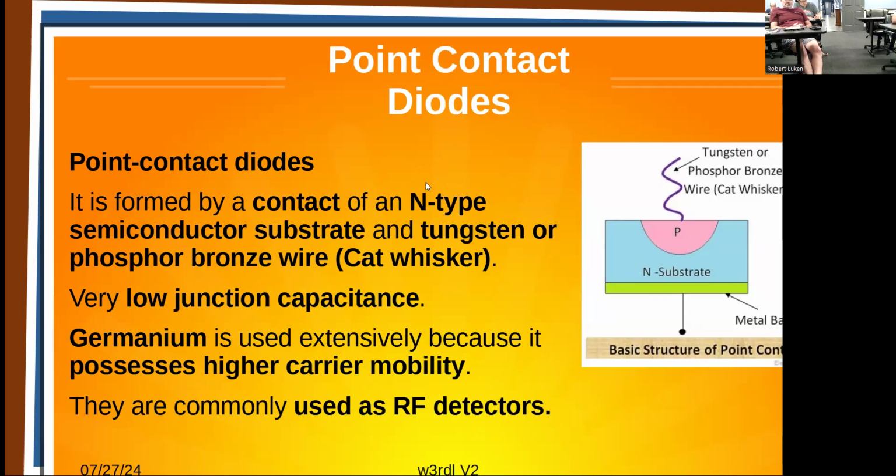I think this is kind of the old gallium crystal that was used for crystal radio, where you have a cat whisker making contact with it, and you have this little PN junction.